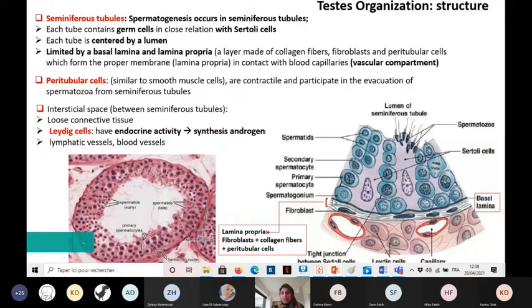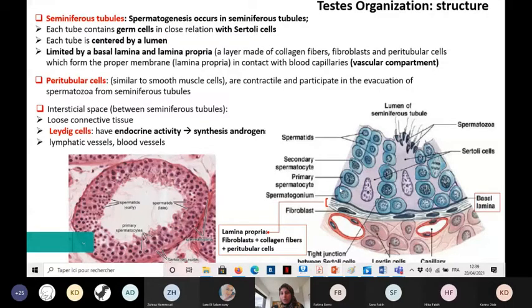And here is the periphery of the seminiferous tubule. This is a section from the seminiferous tubule. This is the periphery of the seminiferous tubule. The cells which are closer to the periphery of the tubules are more immature.